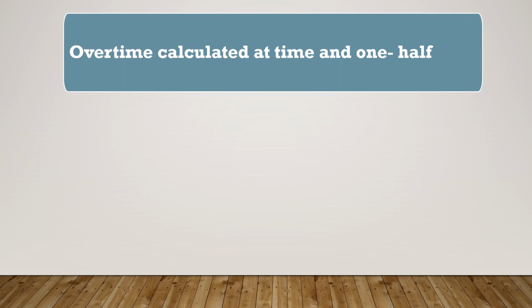When you work past 44 hours during that week, the hours after 44 are considered overtime. So it means the regular hours that you work times the regular rate, and then you add the overtime hours times the regular rate times 1.5. That's what we mean by overtime calculated at time and a half.